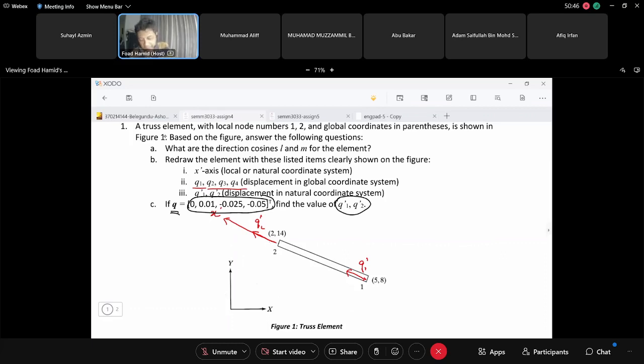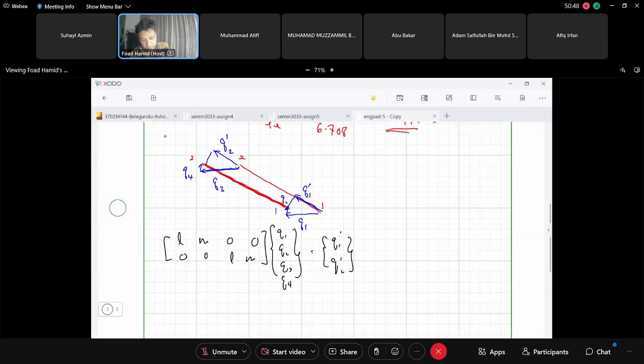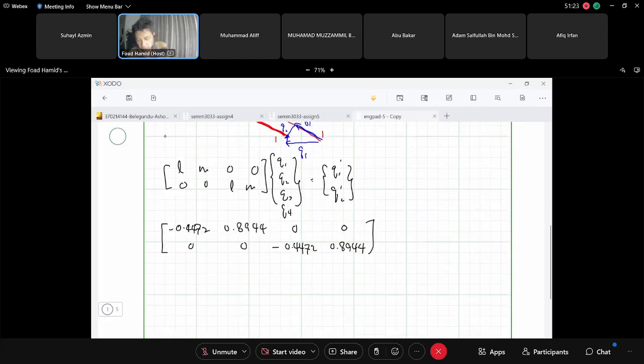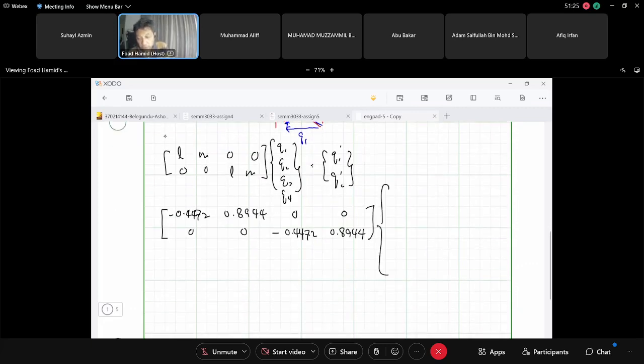The question here is just, this is our Q prime, this is our Q. So what we need to do is just substitute what is L and M. If you do this correctly, let me rewrite this: 0.4472, 0.894, 0, 0, 0, 0, minus 0.4472 and 0.8944 times Q1, Q2, Q3 and Q4 for the first row.